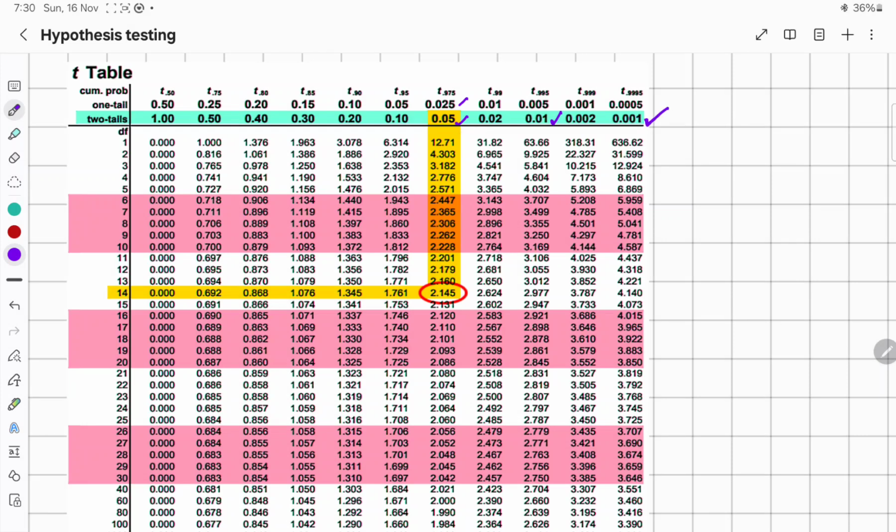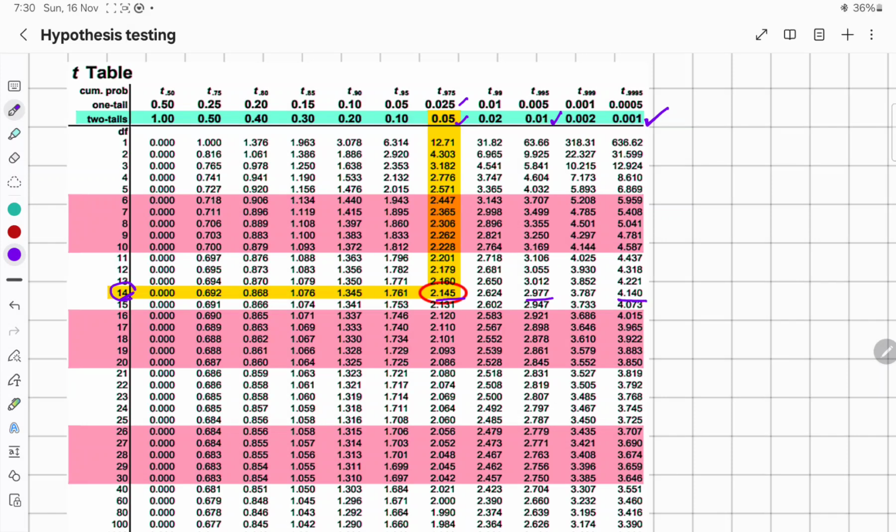So you can find here for a particular degree of freedom. Here you can see for degree of freedom 14, p less than 0.05, the value is 2.145, and for p less than 0.01, this value increases to 2.977. For p less than 0.001, this value increases to 4.14.